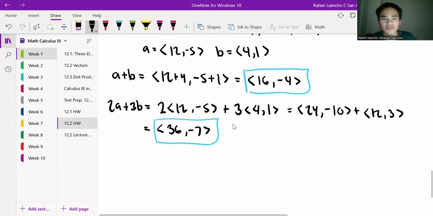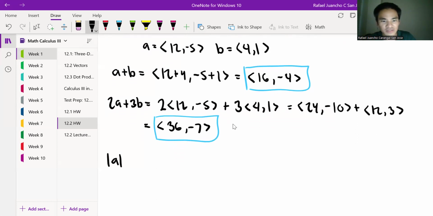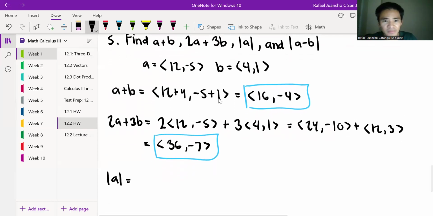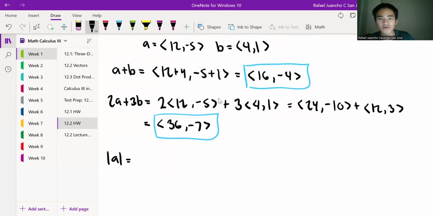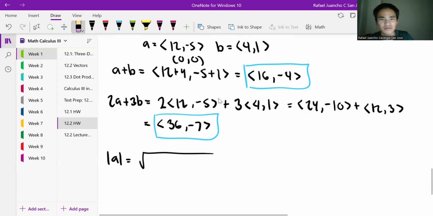And now here's where it becomes different, because now I'm looking at a certain length of the vector. So now I want to find the length of this vector here. So I have to use the distance formula, right? And it's the length of this vector from 0, 0, which is obviously just 12 minus 0 squared, -5 minus 0 squared.